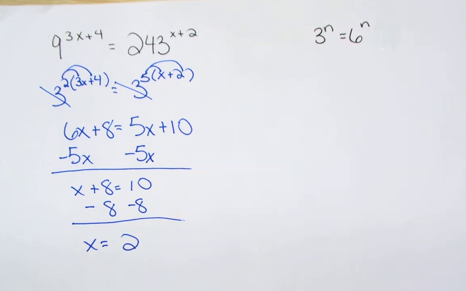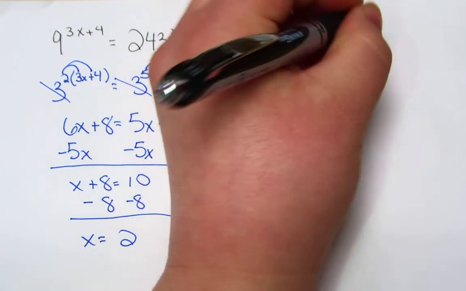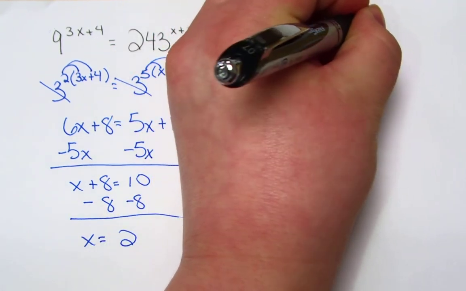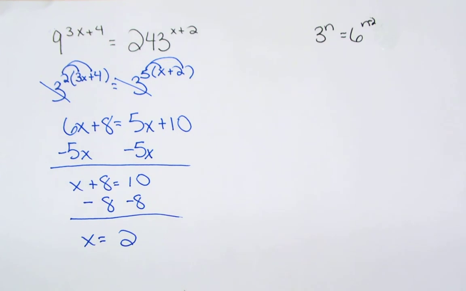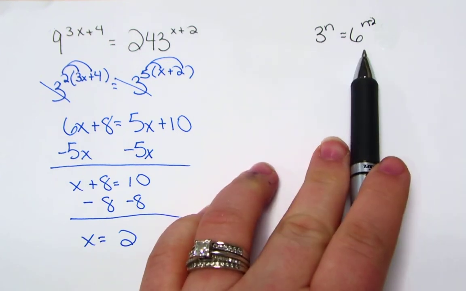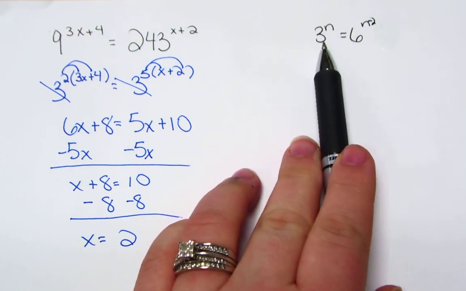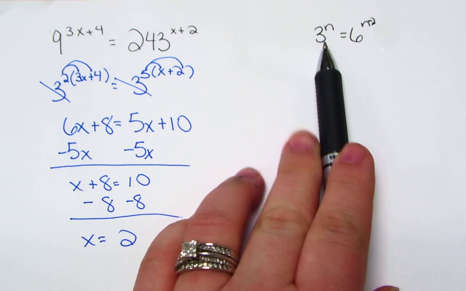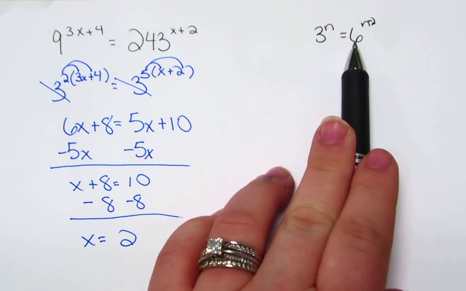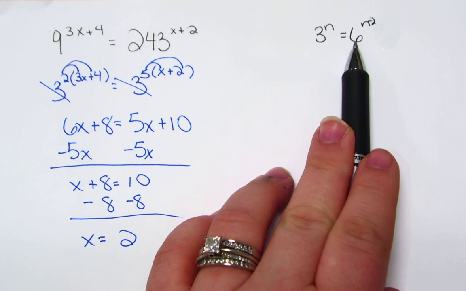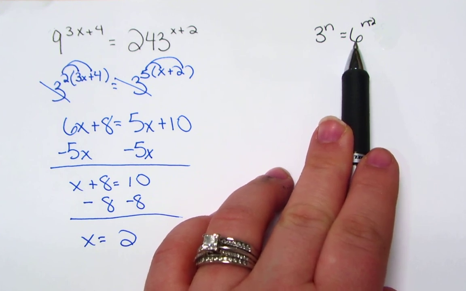But that minus 2 is actually supposed to be part of an exponent. So you may try to find a common base with this, and it looks like maybe 3 might work. But 3 to the first power is 3, but 3 to the second is not 6. Therefore, you have to use logs in order to solve this.